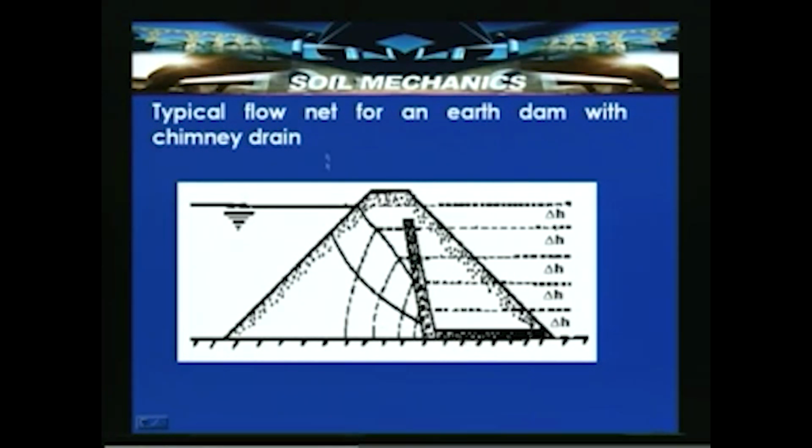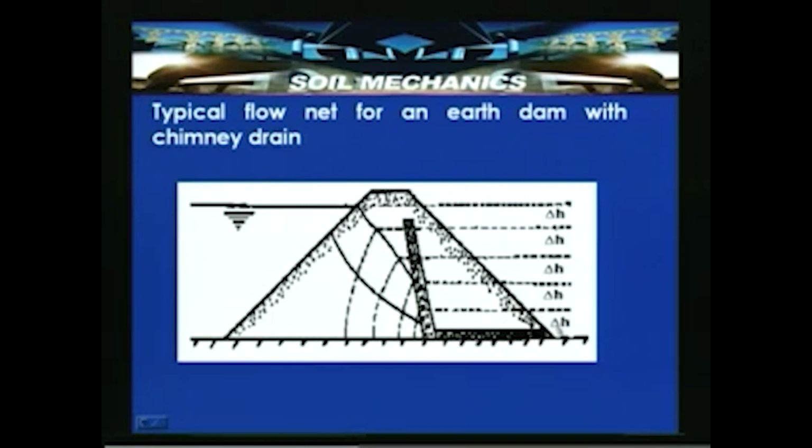This other portion is an equipotential line with head h, where small h is the head loss which is causing the flow. Based on that, these are the equipotential drops which are going to occur, represented here as delta h.